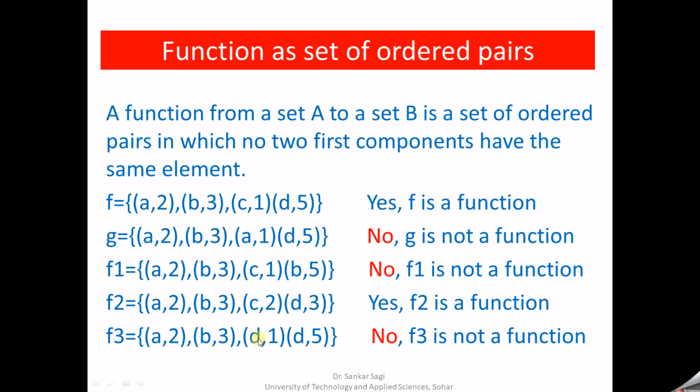Again, contrary to this definition, no two first components should be the same for anything to be a function. Here, the first components of the two ordered pairs are the same, D and D again. Therefore, F3 is not a function.